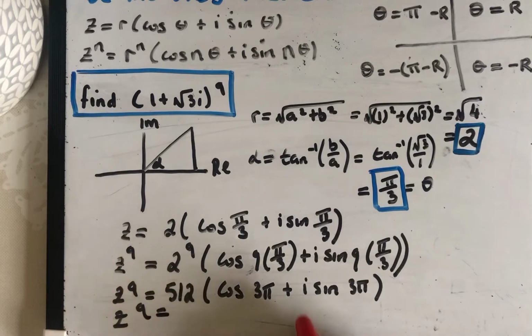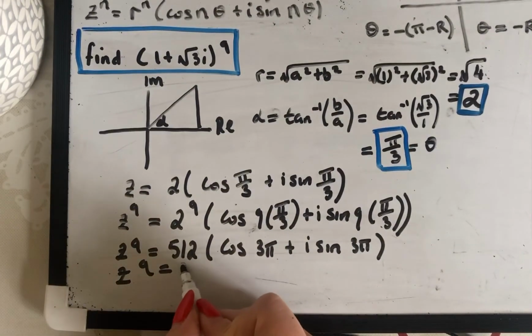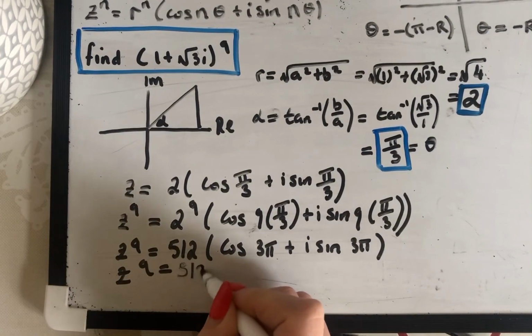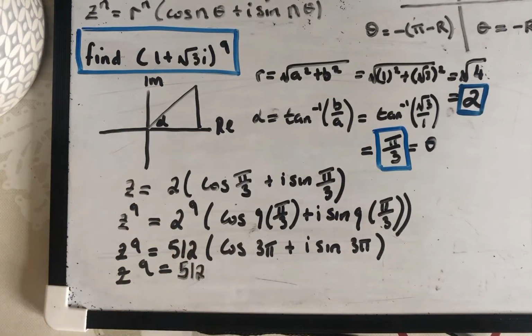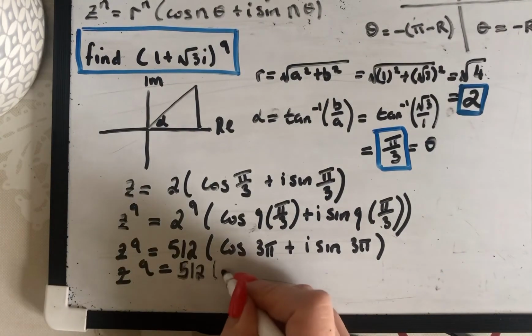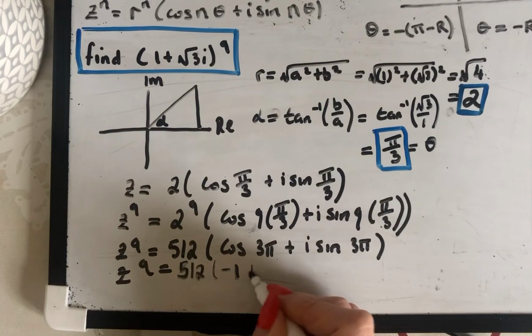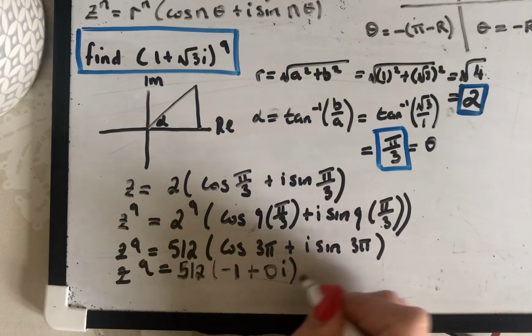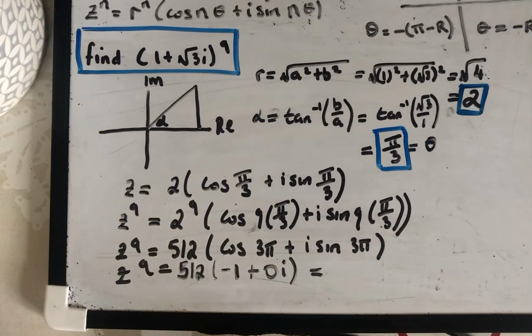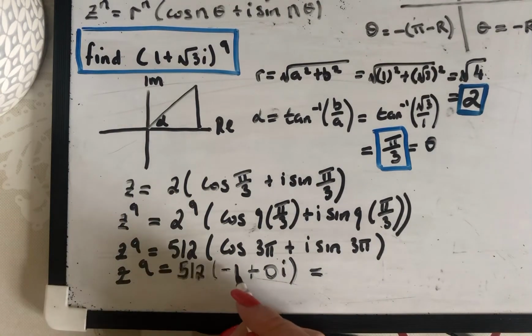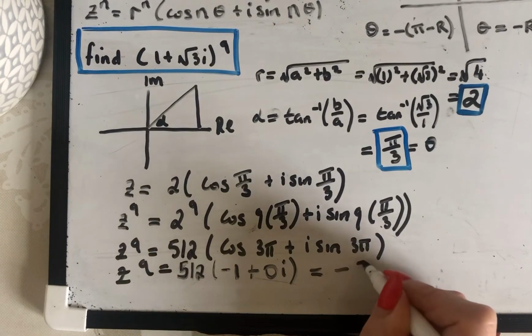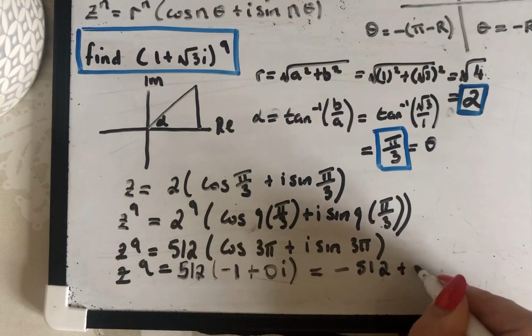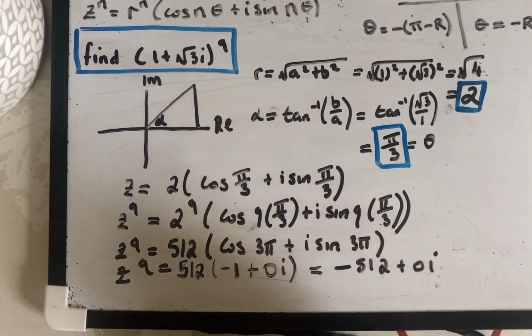So z to the n is equal to 512 times cos of 3 pi, which is -1, and then sine of 3 pi is 0i. So let's multiply in our 512. 512 by -1 is minus 512 plus 0i. And we're done.